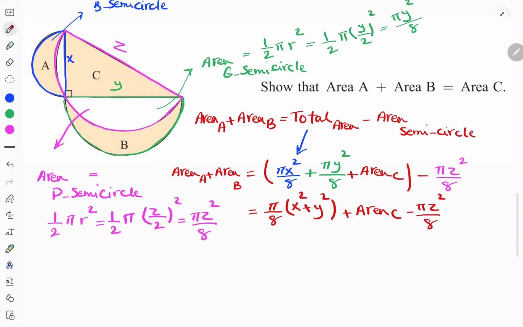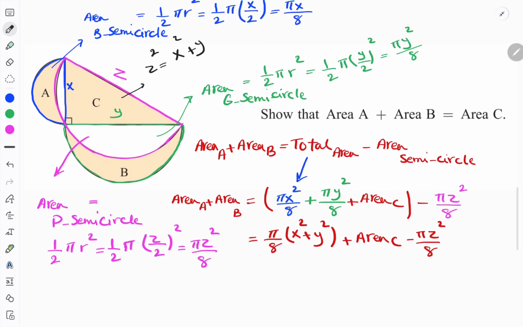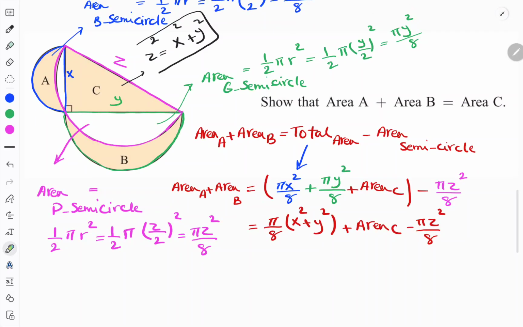And now, as you can see, this is a right angled triangle, and we have Pythagoras theorem, and we can write that the square of the hypotenuse equals the sum of the squares of the two other sides. So Z squared equals X squared plus Y squared. So instead of X squared plus Y squared, you can substitute Z squared here.